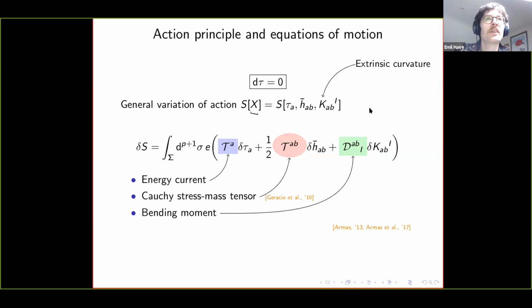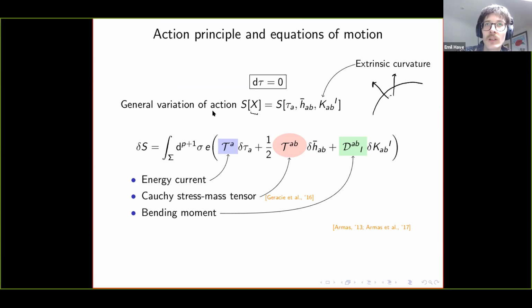So recall that this is a measure of how much your surface curves, so your embedded object, how much that curves in the ambient space. More precisely, you can think of it as how much the normal vector varies from one point to another. If you have a very curved surface, the normal vector will vary hugely from one point to another in the ambient space when you go along the surface.